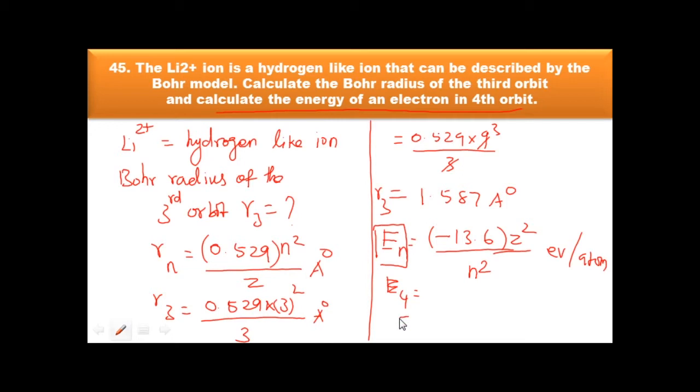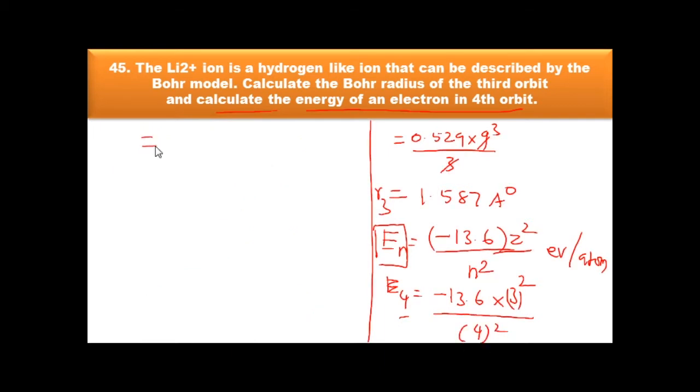So E4 equal to minus 13.6 multiplied with the 3 square, because the atomic number of lithium is 3, so the 3 square. Then what is the n value? That is the fourth orbit, so 4 squared. So minus 13.6 into 9 divided by 16.